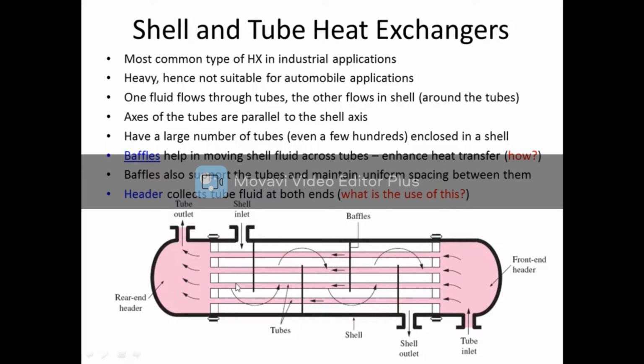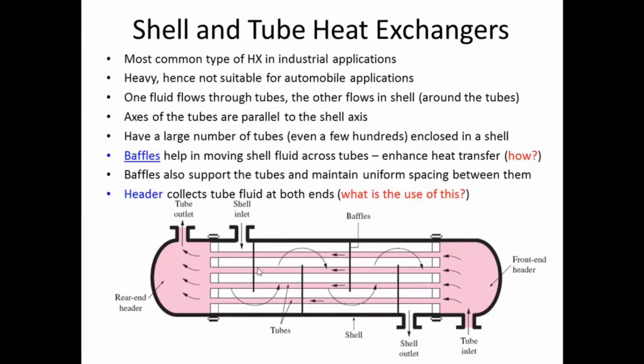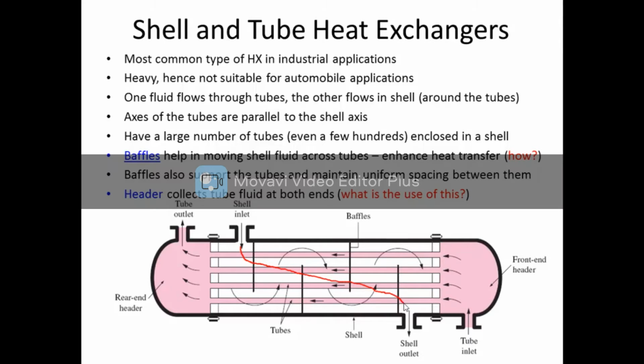Baffles direct the shell fluid around the tubes so that we get more effective heat exchange. Without baffles, the shell fluid may have a tendency to go straight out here like this without contacting a lot of the tubes over here and here, which will in effect reduce the area of heat transfer and reduce the heat transfer rate.